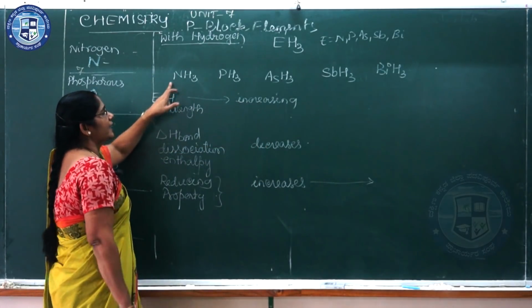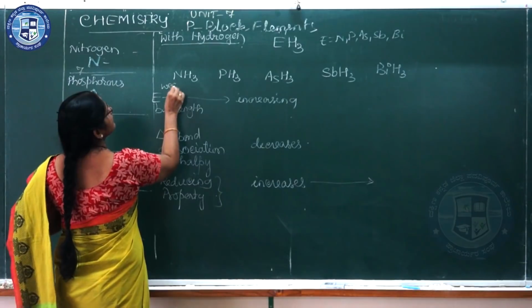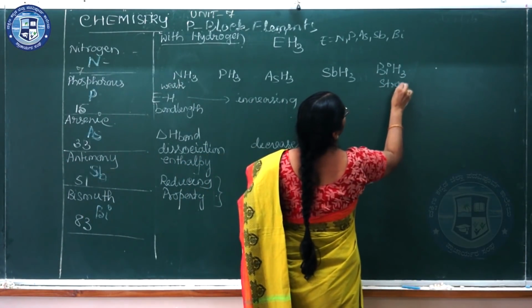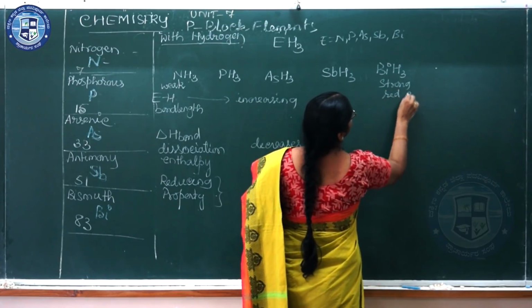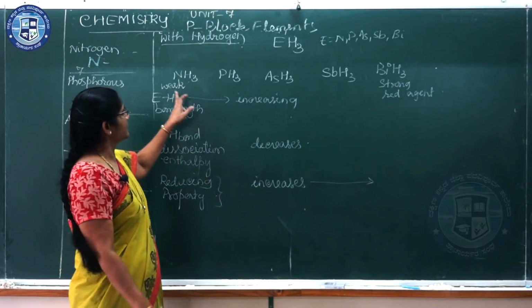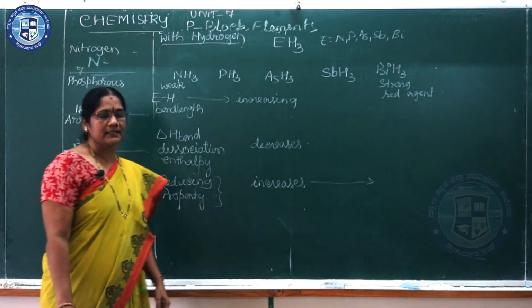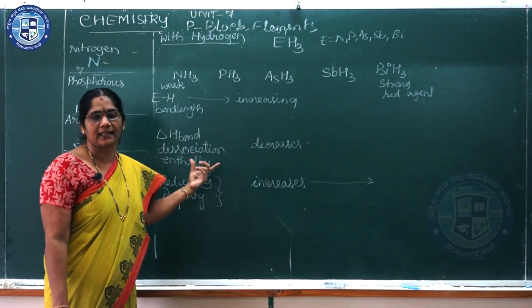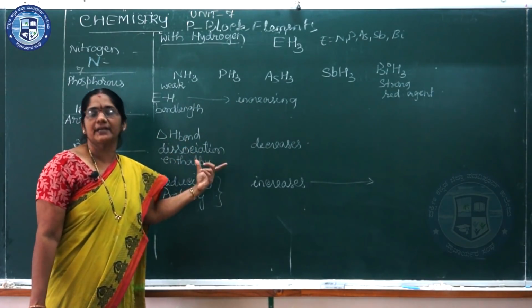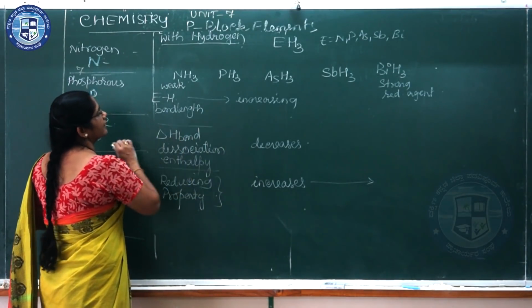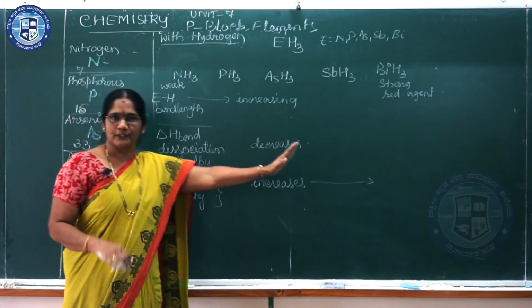So ammonia is a weak reducing agent and bismuthine is a strong reducing agent. And due to the decrease in bond dissociation enthalpy, their thermal stability also goes on decreasing as you move down.